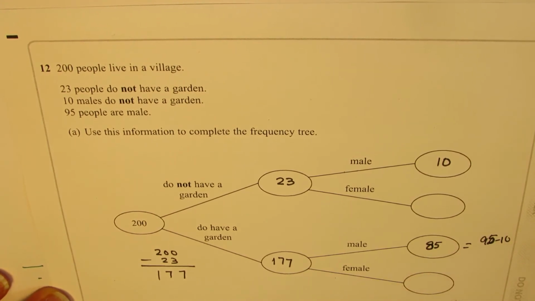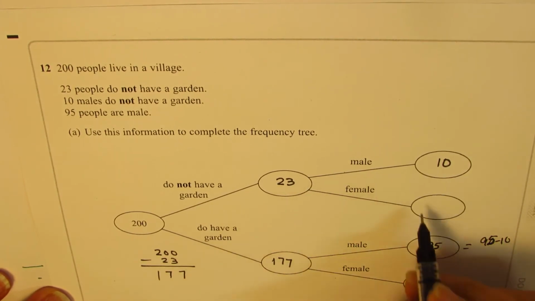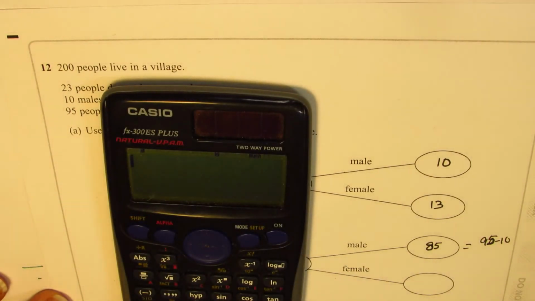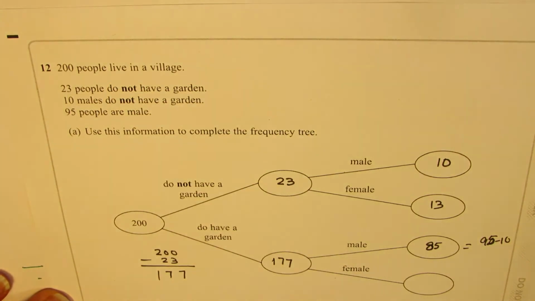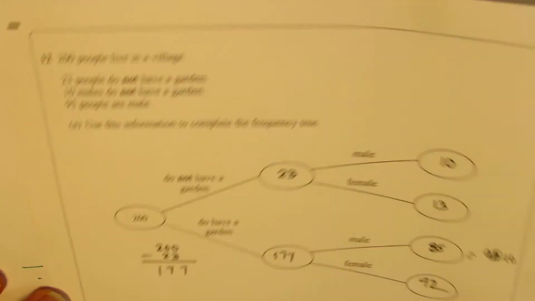That gives us 85. Now, we have to fill in the other thing. So of 23, 10 are male, the rest will be female, so it is 13. In this case, from 177, 85 are male, so we'll do 177 minus 85 to get the number 92. So that's how we can complete this.